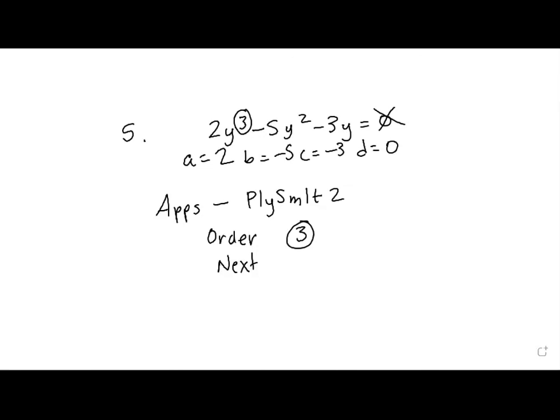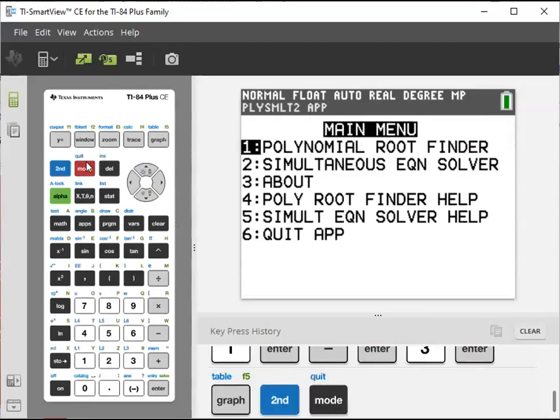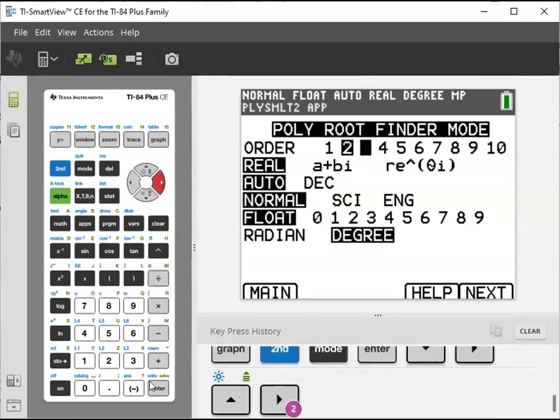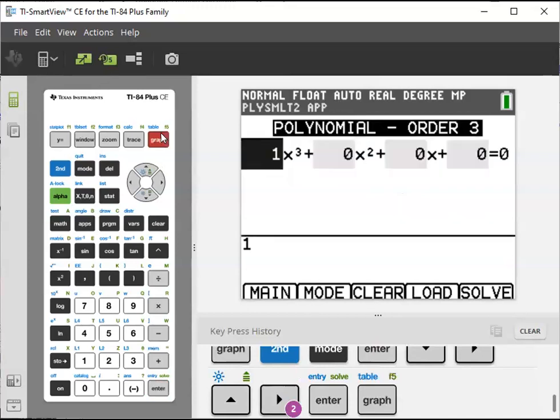I only have the skinny calculator on my computer, so I enter. I'm going to make sure that this is a 3. Okay, so we've got 2.